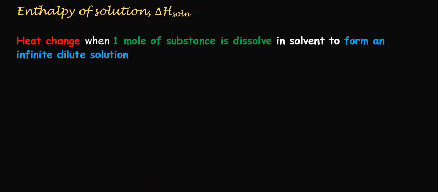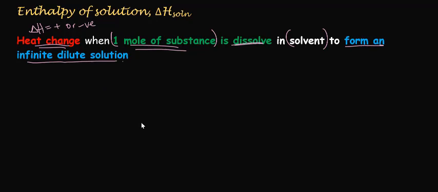And last but not least, for the enthalpy of solution, we have the heat change, so the delta H can be positive or negative. This is when 1 mole of substance is dissolved in solvent to form an infinitely dilute solution. Let's say the substance we have is sodium chloride.